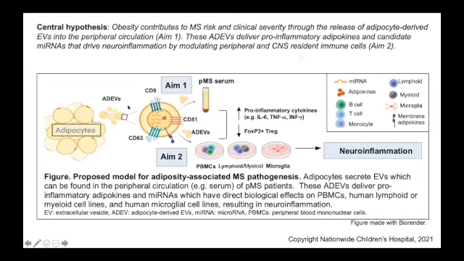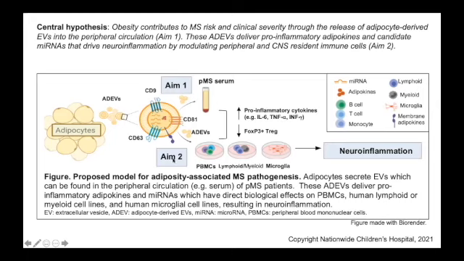So for the first aim, we are going to isolate adipocyte-derived EVs from pediatric MS serum and characterize their cargo, particularly candidate microRNAs that have been implicated in MS and obesity.